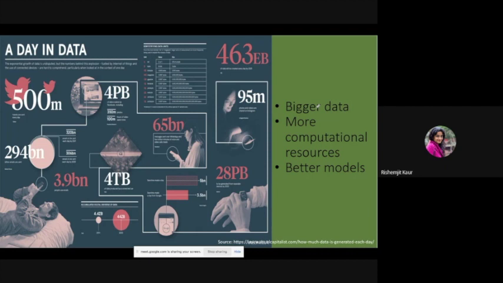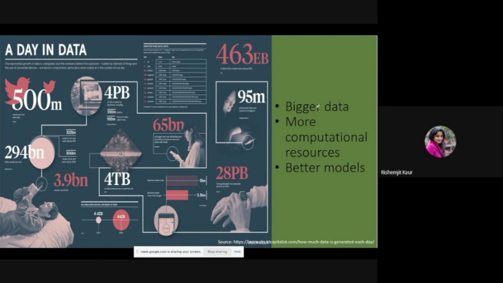You have Facebook, Google, Instagram, where data is being generated in the form of text, videos, and images, at a scale we had never imagined before. We have access to a bigger and bigger data set every day, with more wearable devices, IoT devices, the automation of homes, Alexas and Siris everywhere around us. So that's one reason: the availability of more and more data.